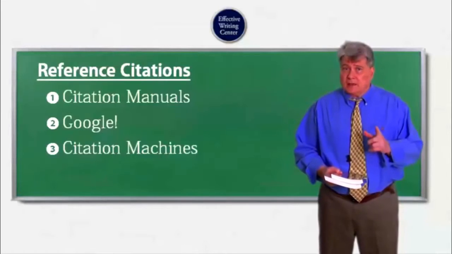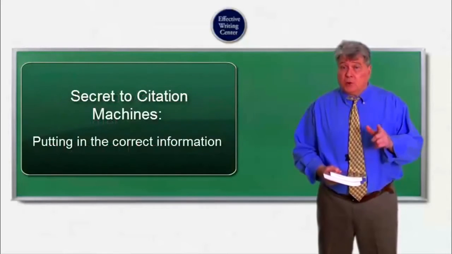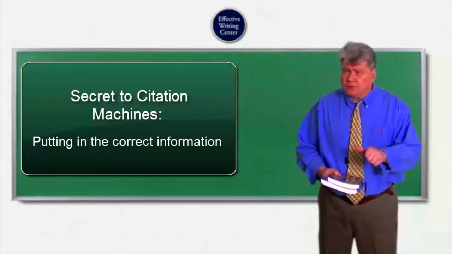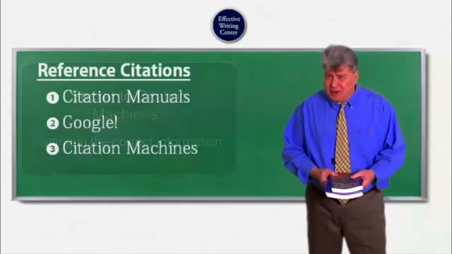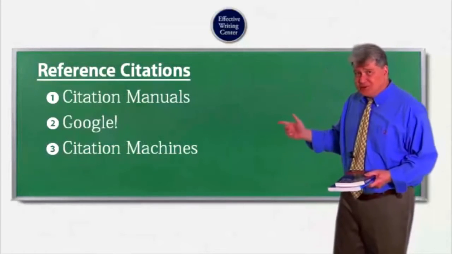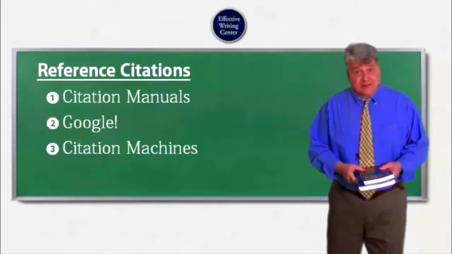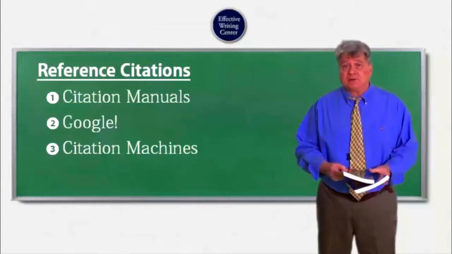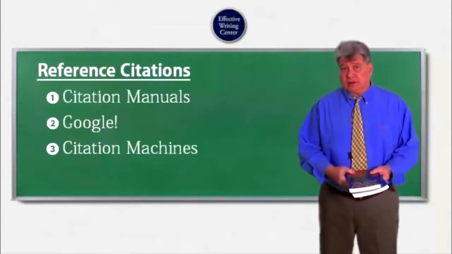But, like a pocket calculator, you only get a correct answer if you put in the correct information. So they're not foolproof. But I do guarantee you that a citation machine will, more often than not, get you much closer than the handbooks and the Google site.